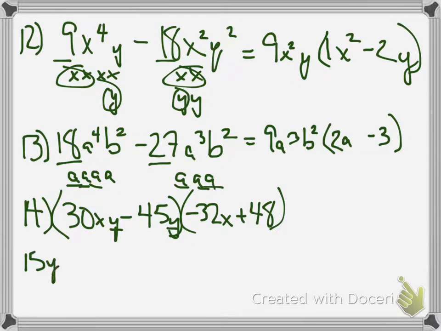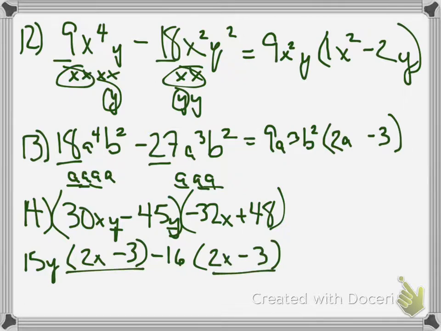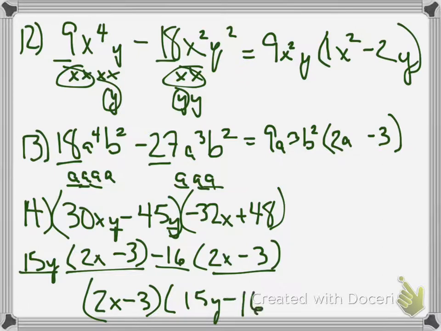So 15y, and that leaves me with 2x minus 3. Here I should hopefully have the same thing, 2x minus 3. The largest number that goes into 32 and 48 is 16, and that would give me 2x minus 3, because these two should always repeat. So how does this work? You write the one that repeated, and you put the two that were outside together, and there's your answer.